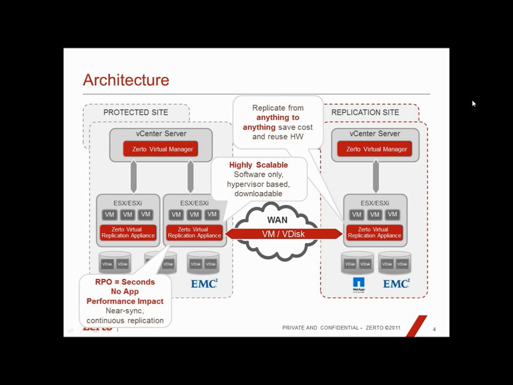The other key point is that because of this architecture and being able to continuously replicate, we're also able to offer and sustain very low enterprise-level RPOs, as low as 1 second if needed. And with all this, it's very important to note as well that there is no application impact to your protected VM or to the application that you are protecting.